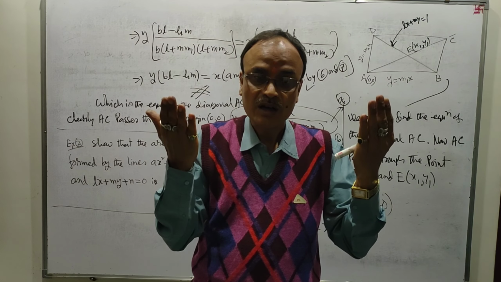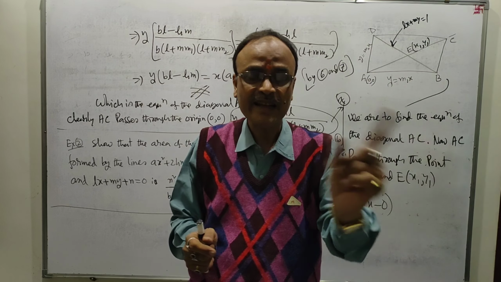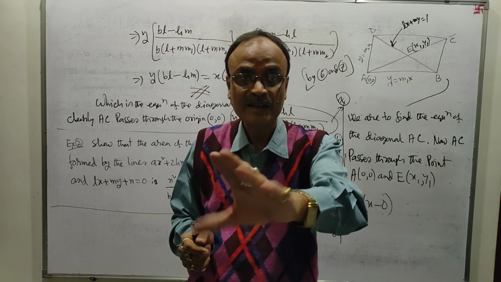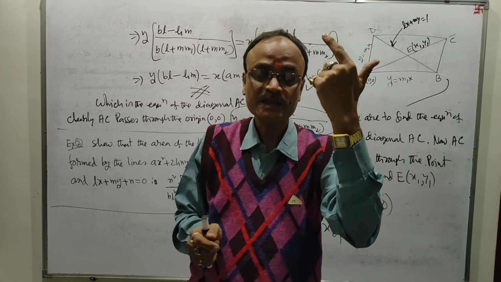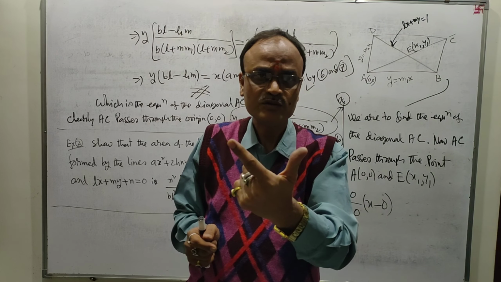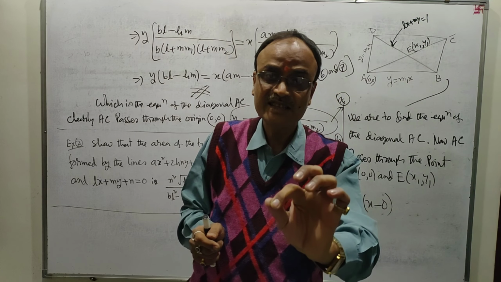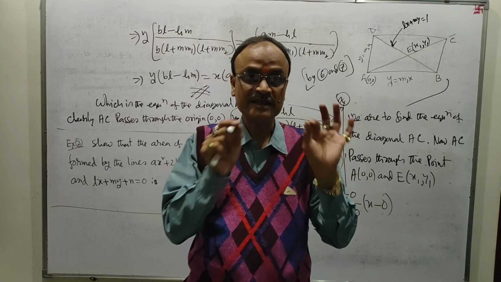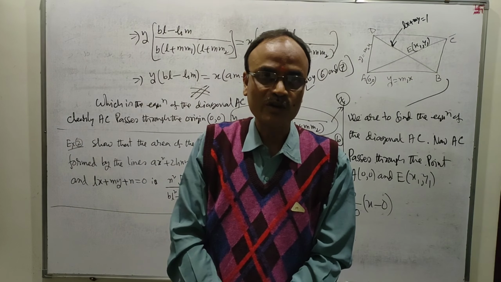We have known the coordinates of A and the coordinates of E. AC is a diagonal. Diagonal means it is a straight line. AC is a straight line passing through 2 points, 0, 0 and E, x1, y1, which we have supposed.